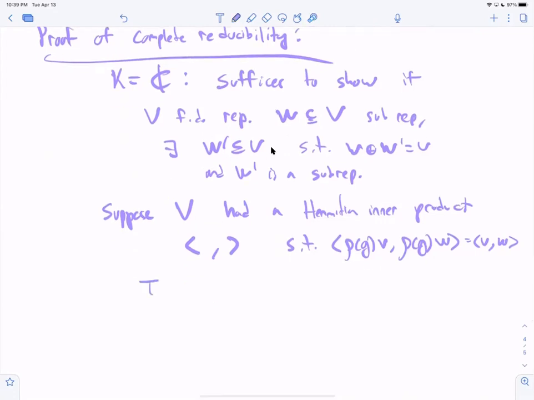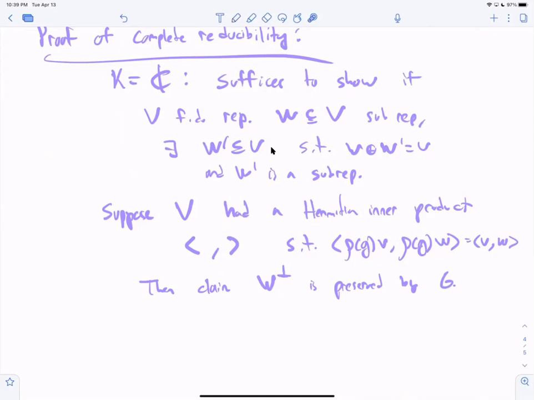Well, then I claim that the perpendicular subspace works. The utility of having a Hermitian inner product is that it gives you a way to distinguish a complementary subspace. If you have some subspace, you can always take the perpendicular subspace, and that's a complementary subspace.